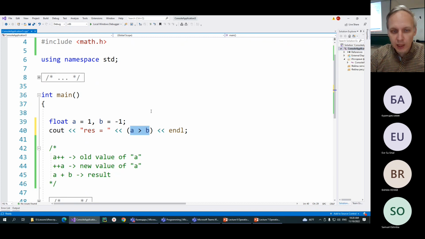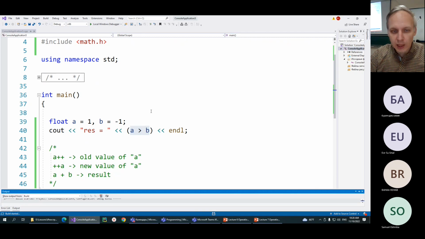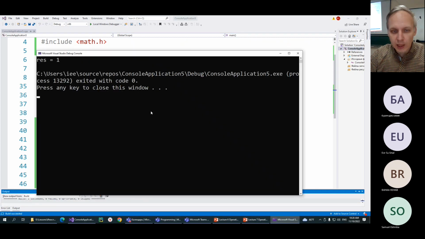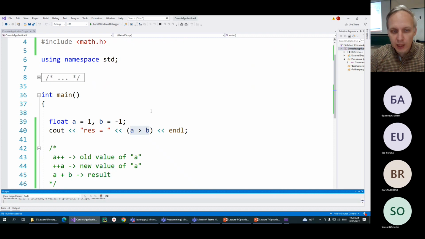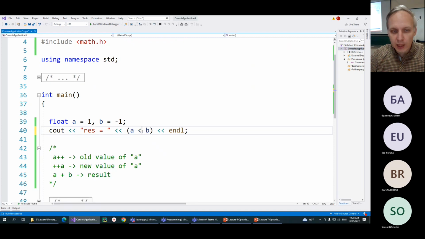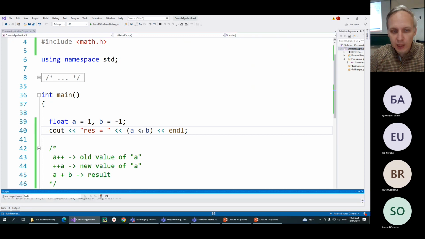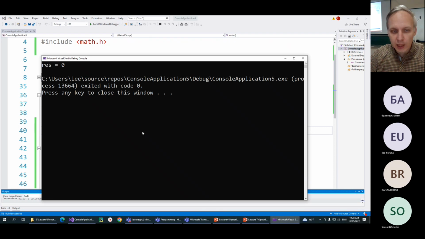What is the result? A greater than B is true. So we will see on the screen 1. The result is true. A is smaller than B: false. The result is 0.